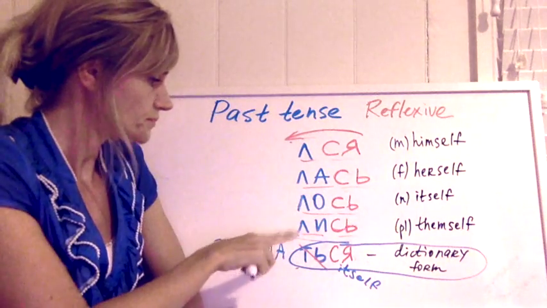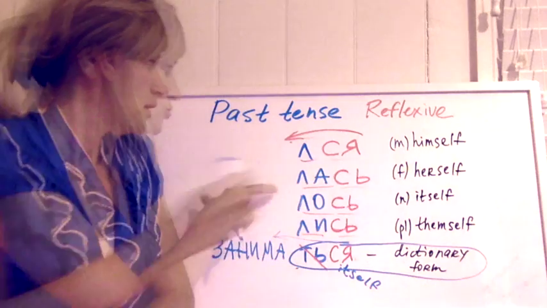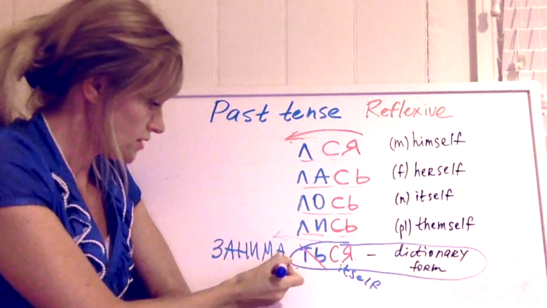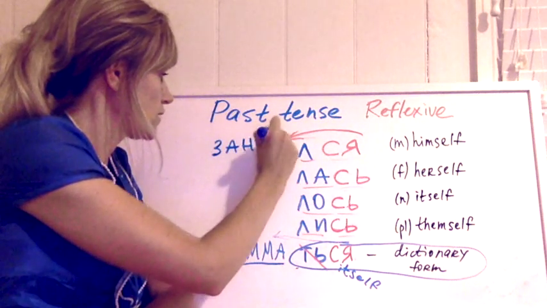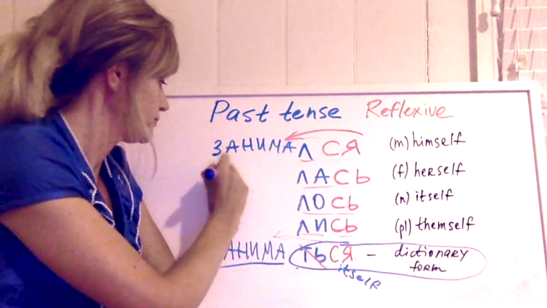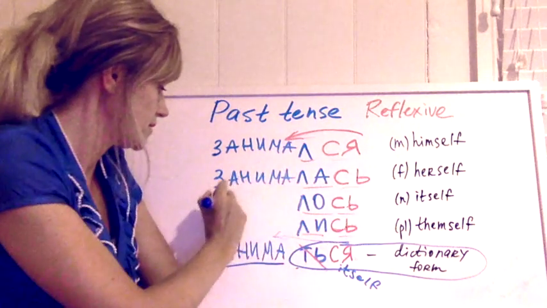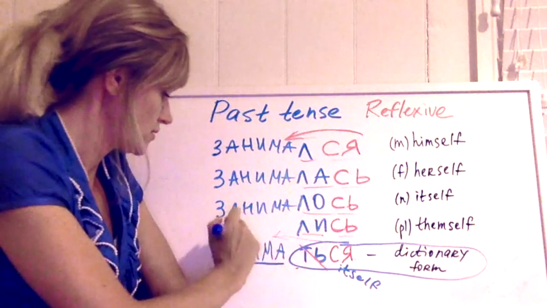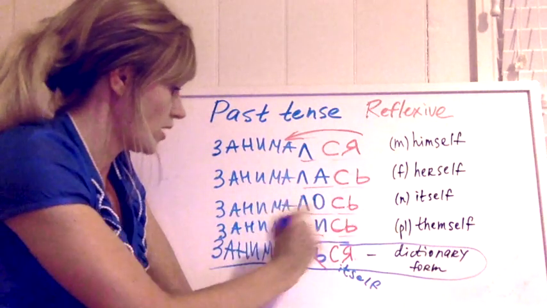All right. Knowing that, we're going to change it to he got engaged in. Занимался. She занималась, and занимались.